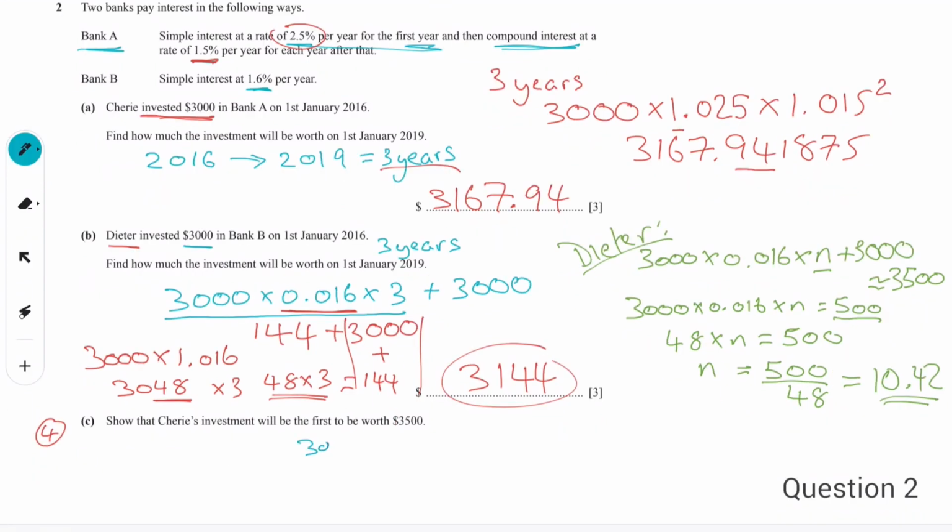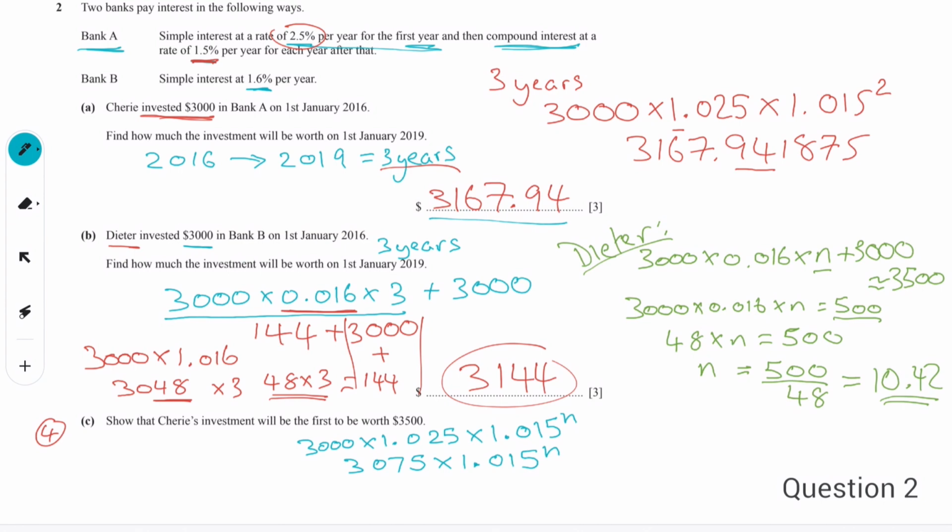I'm going to go 3,000 times 1.025 times 1.015, and that's going to be my nth term there. I've got to work out how many times we're going to do that. So I'm going to take, times in both of those two numbers together, I've got 3,075, again, times 1.015n.